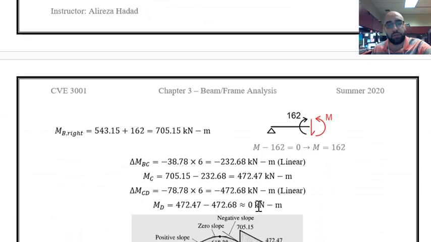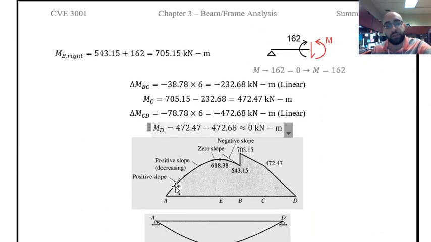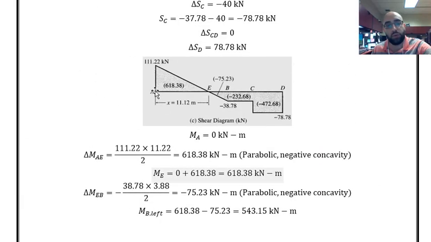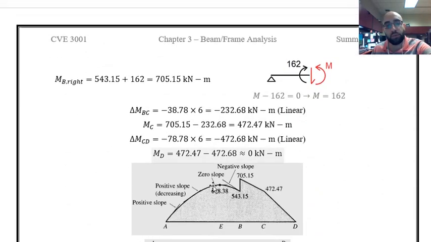As you can see, at point E, the shear is equal to 0, right? That means that the slope of the bending moment should be equal to 0, because the slope of the bending moment diagram is equal to shear at each point. Shear over here is equal to 0, so the slope in bending moment should be equal to 0 at that specific point.